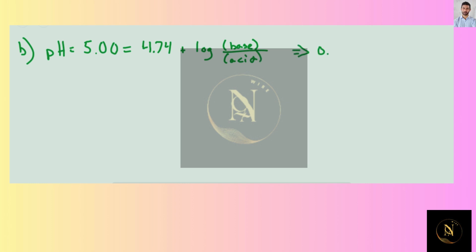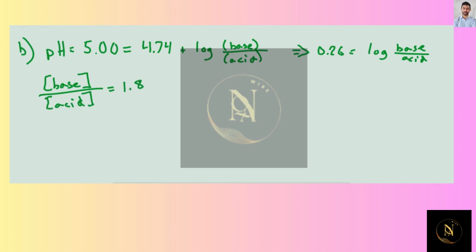And so we get 0.26 is equal to the log of base over acid. We take the antilog, and we get the concentration of base over acid is equal to 1.82.